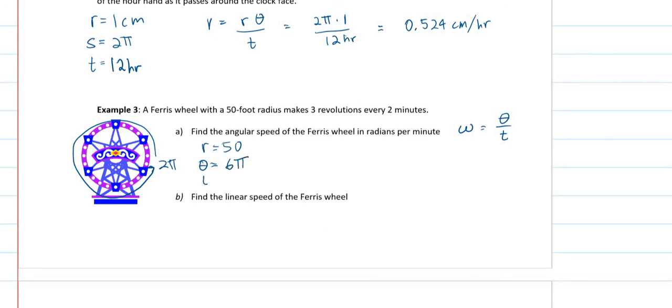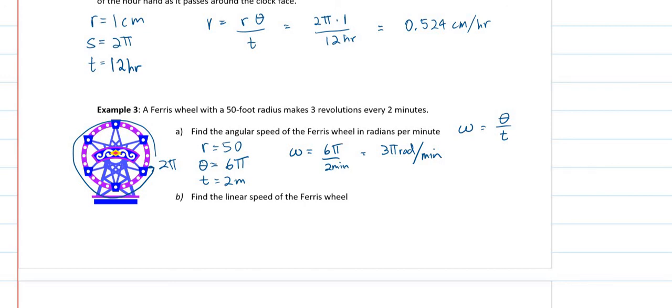And then the time it takes to do that is 2 minutes. So for our formula, we're going to have omega equals 6 pi divided by 2 minutes. So that's going to be equal to 3 pi radians per minute. So that's the change in the measure of the angle over time.